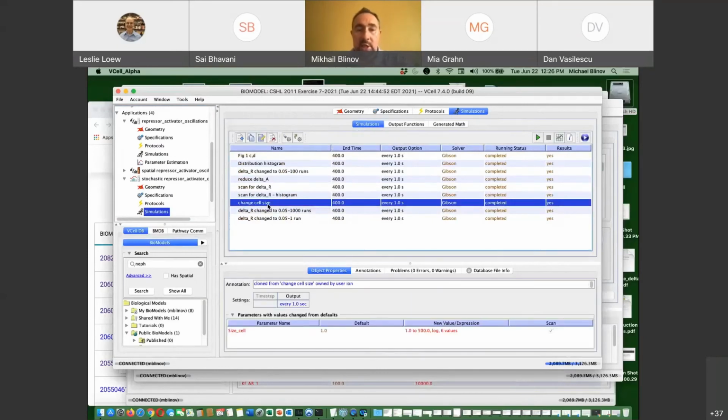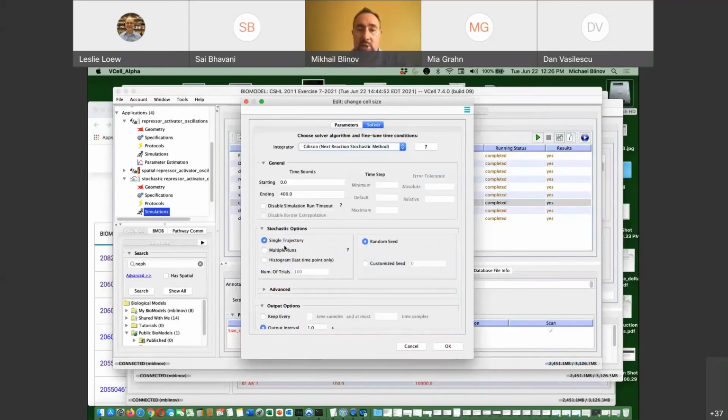In this case, you need to do a parameter scan, or rather multiple simulations. Multiple simulations are available here. Whatever was done so far was a single trajectory. Now you can switch to multiple runs. There is an important part here which says random seed.